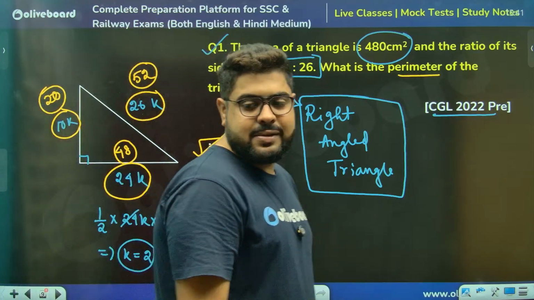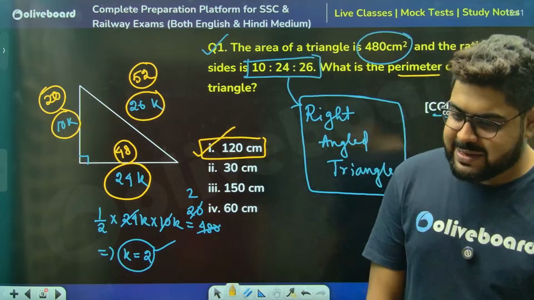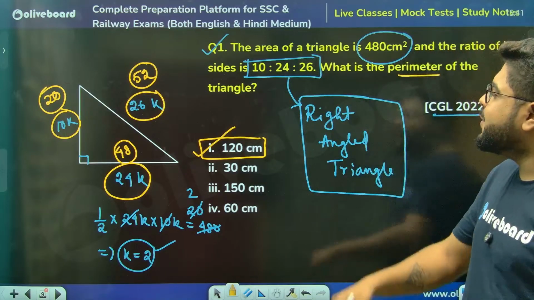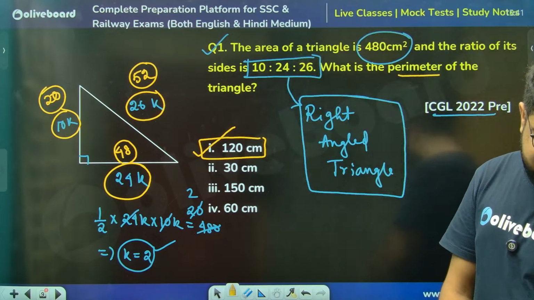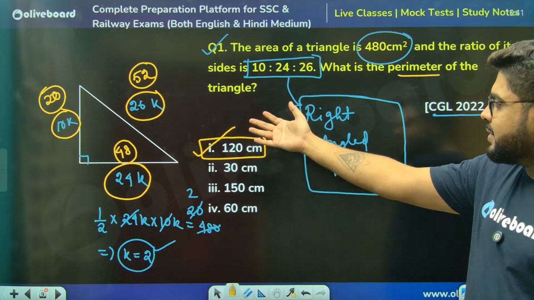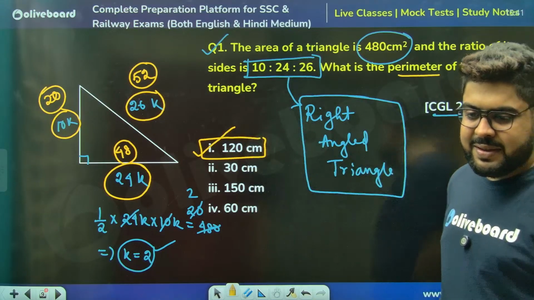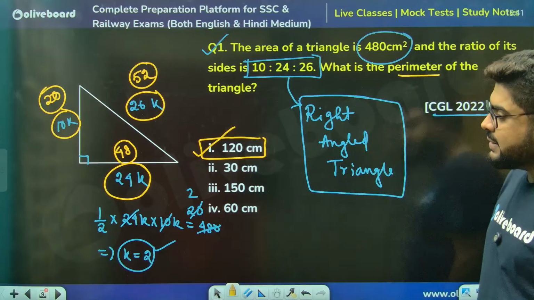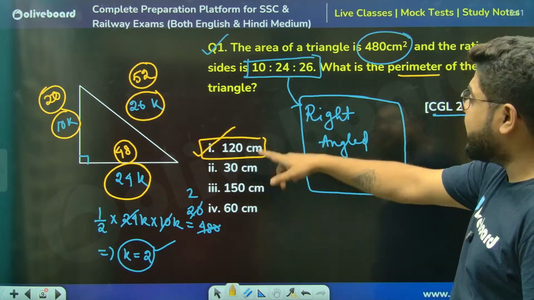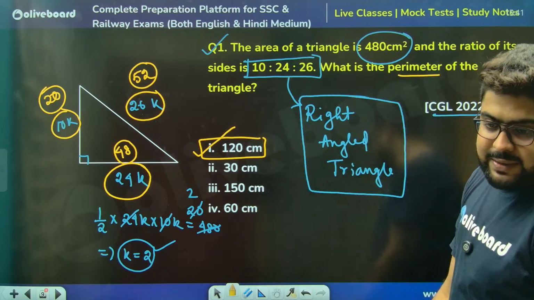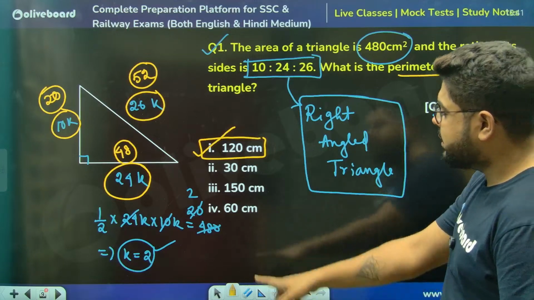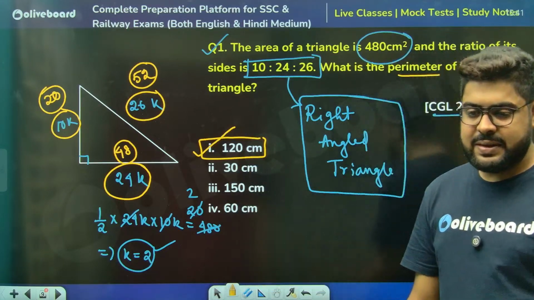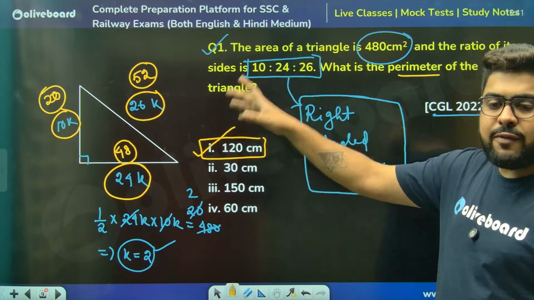The other way of doing it is to use Heron's theorem. Yes, Pavan, you are correct. But no, they are asking for the perimeter, brother, not 30. The answer will be 120. Otherwise you have to go for Heron.